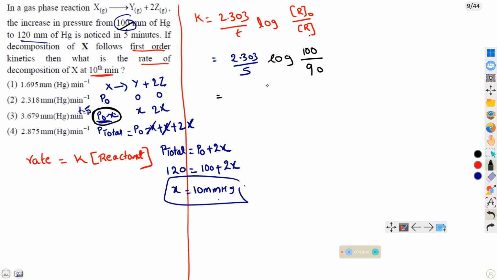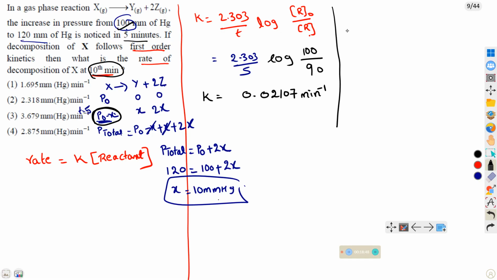Simplify, then you will get the value of K is equals to 0.02107 minute inverse. This is at time t is equals to 5 minutes, but the question is at 10th minute.